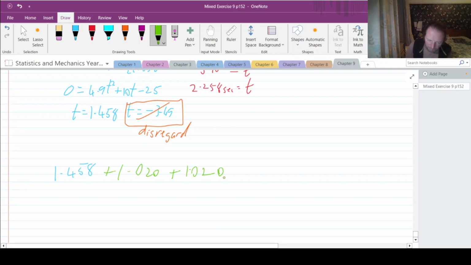So we add it all up: 1.458 plus 1.020 times 2, and we end up with 3.498. So this has been a total of 3.498.